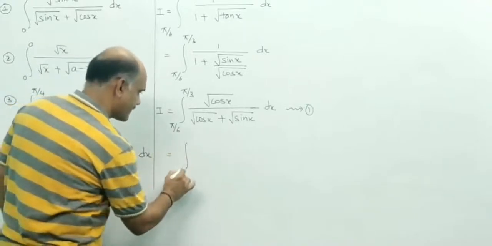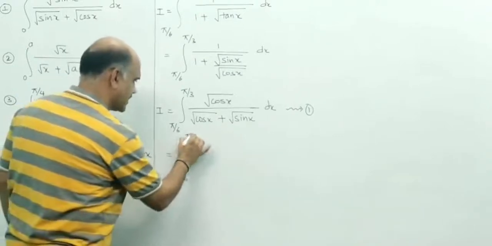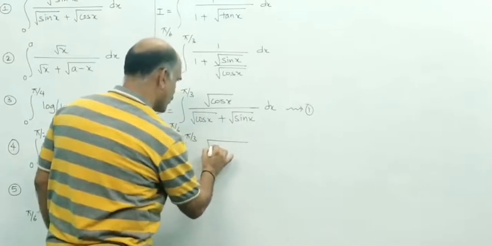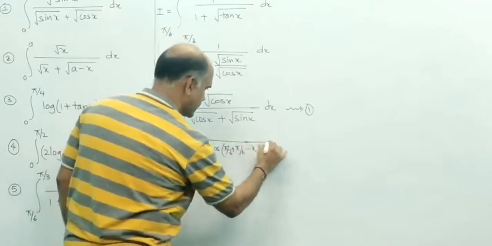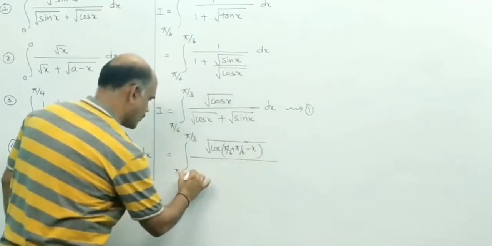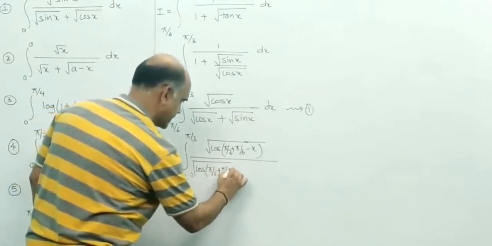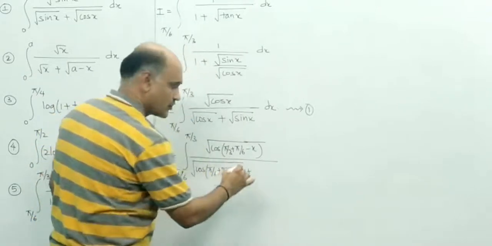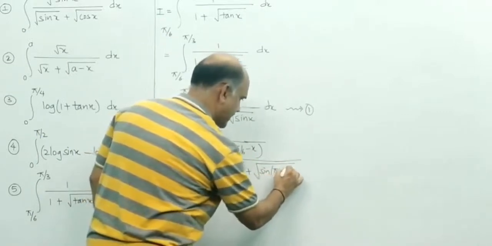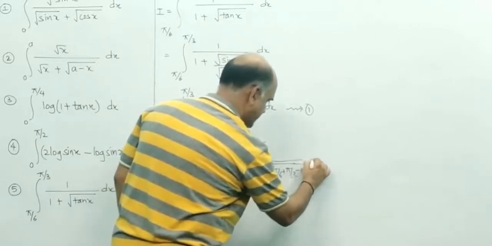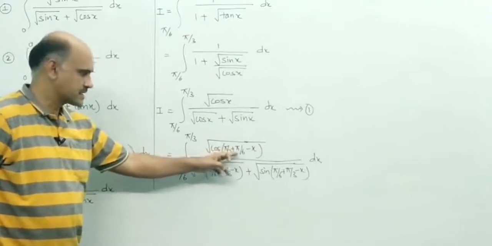So using the property, the integral from pi by 6 to pi by 3 of root of cos of pi by 3 plus pi by 6 minus x divided by root of cos of pi by 6 plus pi by 3 minus x plus root of sine of pi by 6 plus pi by 3 minus x dx. Now 30 plus 60 will be 90.